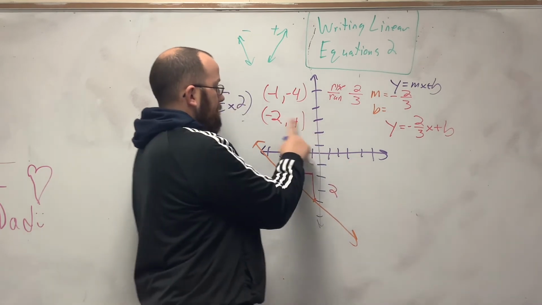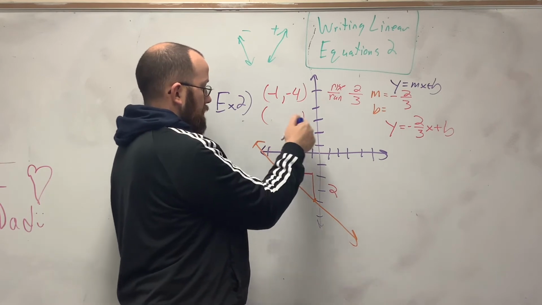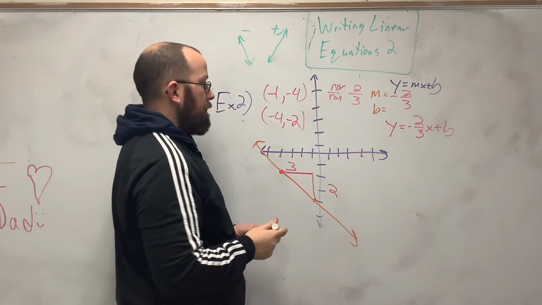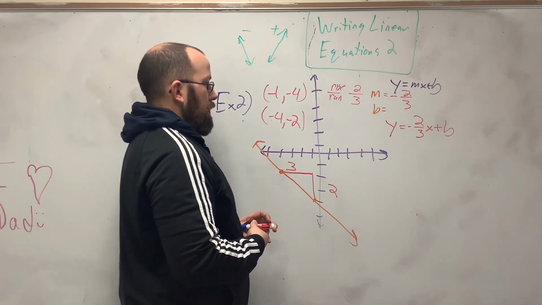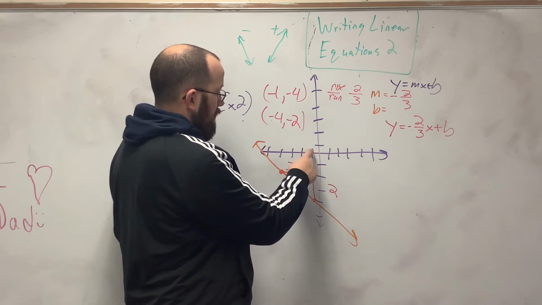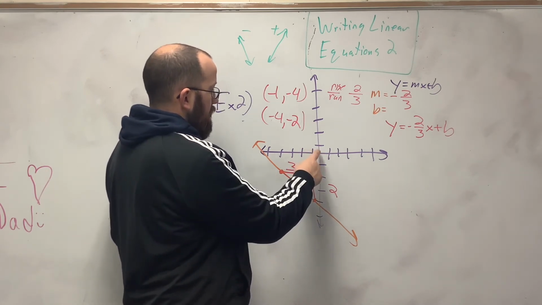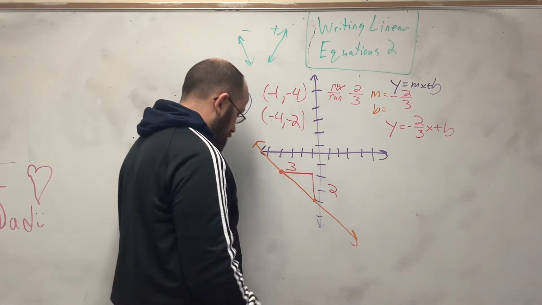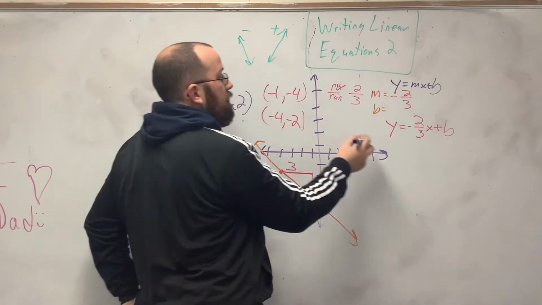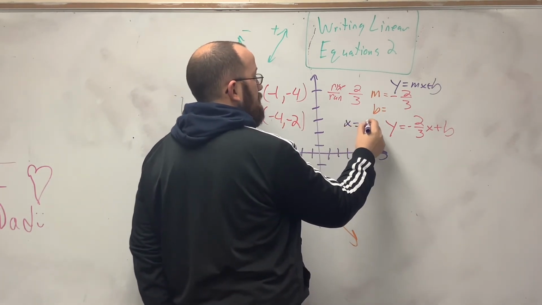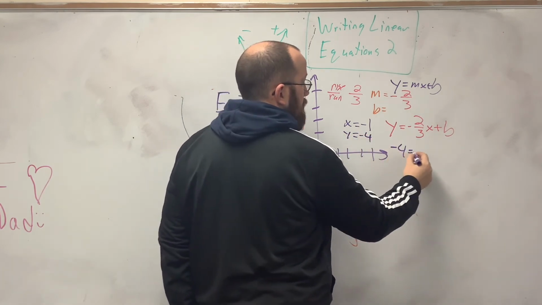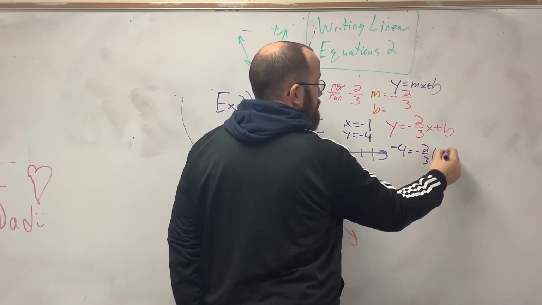Oops, wrong way, that's (-4, -2). Let me make sure again: (-1, -4) and (-4, -2). All right, we're good now. I'm going to plug in -1 and -4. So my x is -1 and my y is -4. So -4 equals -2/3 times -1 plus b.